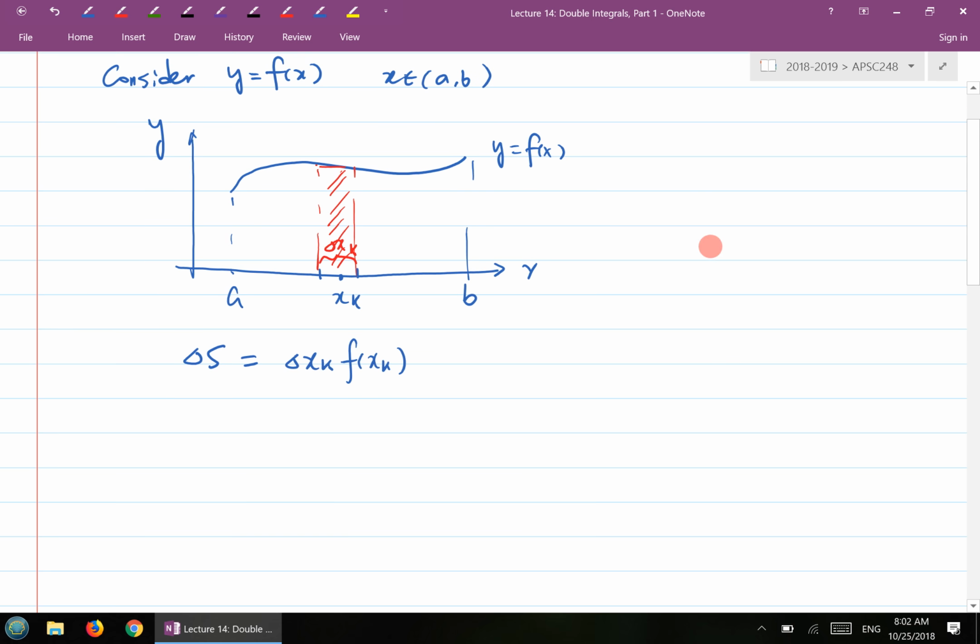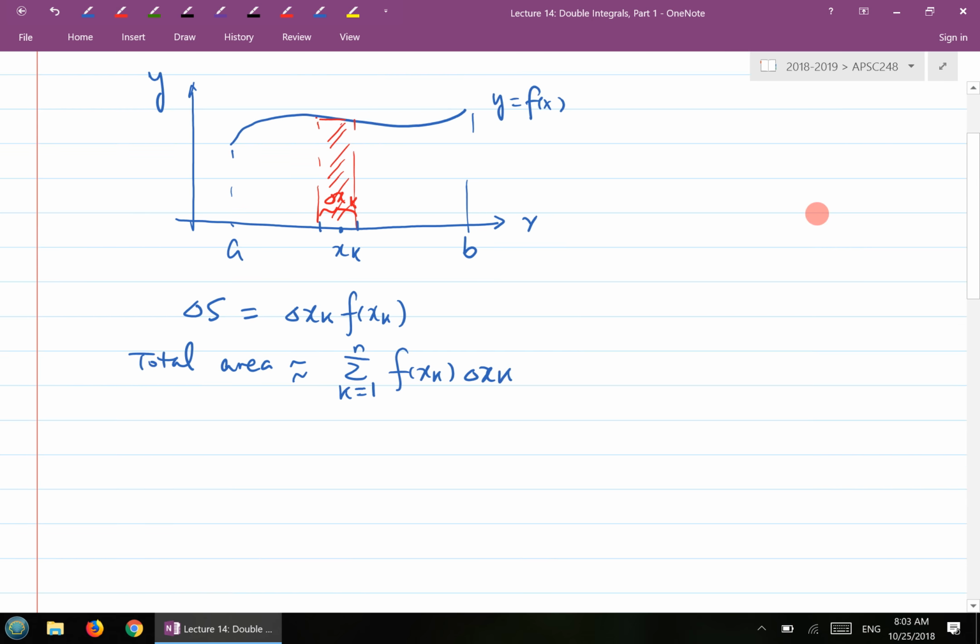Then the total area is approximately, if you have many of these small rectangular areas, you add them up and you get the total approximated area. Let's suppose we have n number of these rectangles here, so we get this approximation. Very simple, we have been very familiar with this.